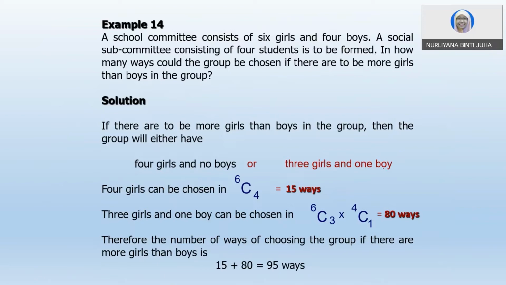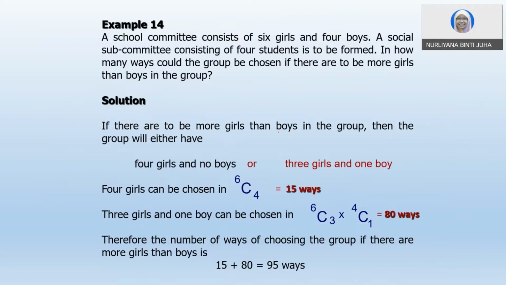That is the combination that you can have. 2 girls and 2 boys cannot, because the number of boys and the girls are the same. So that one is not in our case.